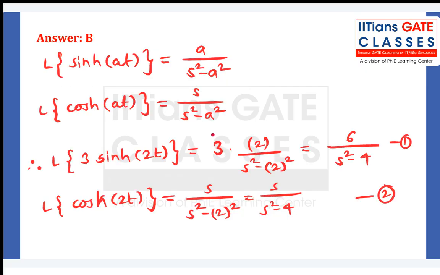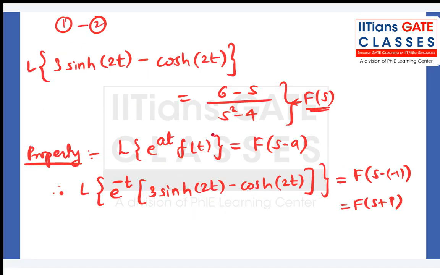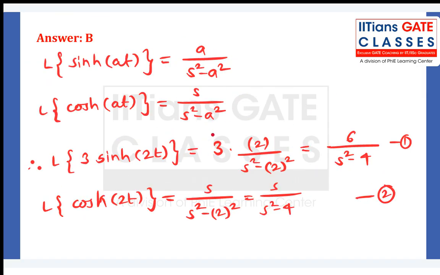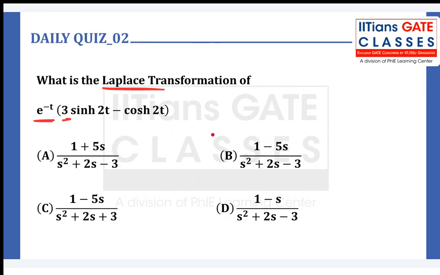Did we do any calculation mistake? Because it should come out as 5 minus s by s square plus 2s minus 3, right? Yeah, it should be like that only. Denominator is okay, but in your options 5 minus s is not anywhere written. What is your option? Option B is the correct one.